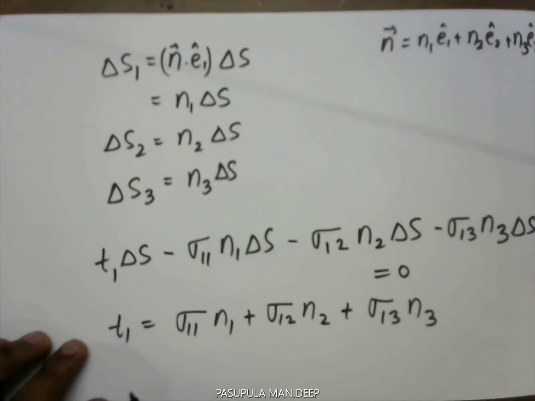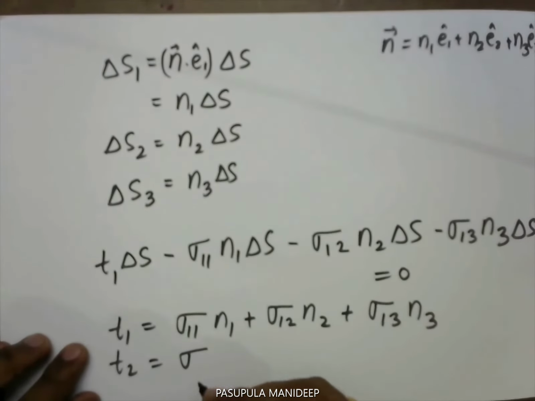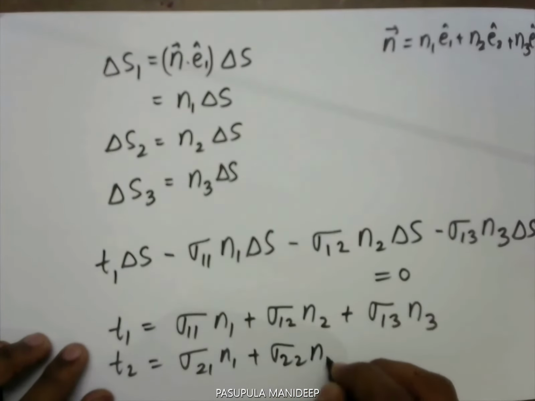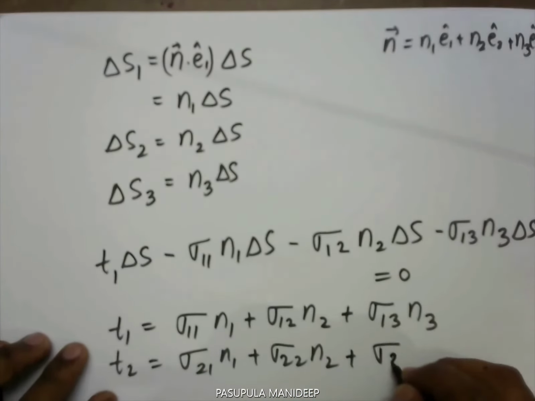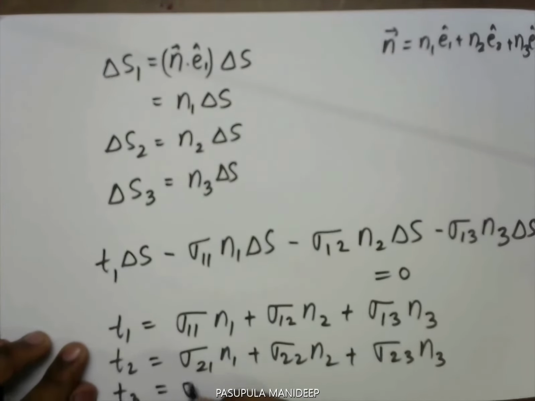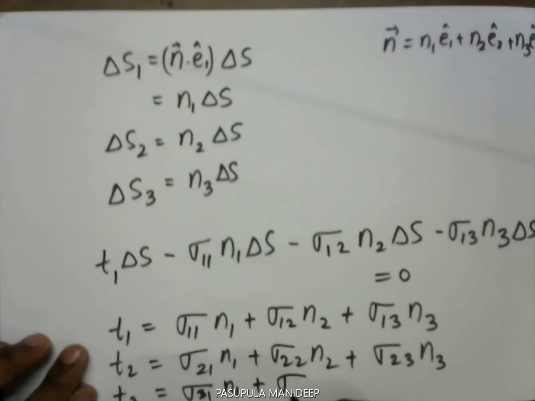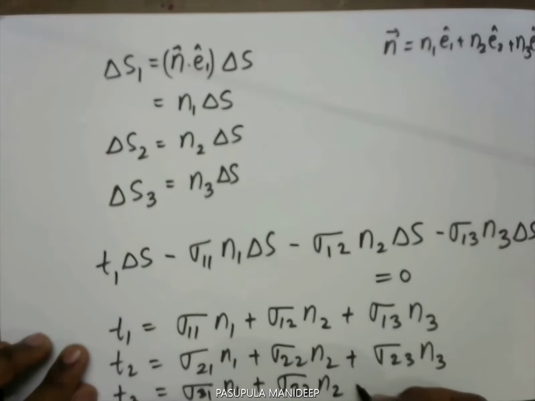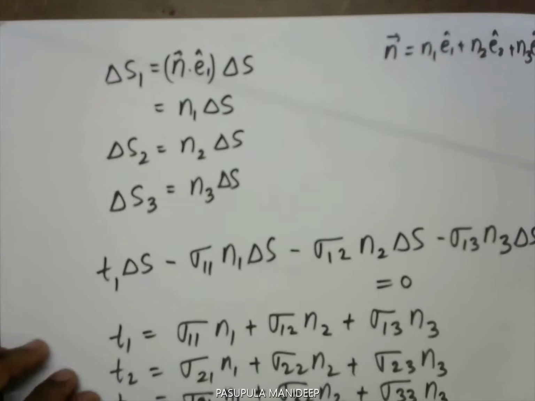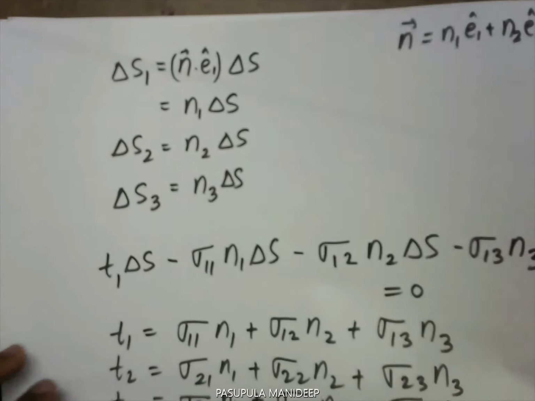In the same way, we can write T2 as sigma 21 n1 plus sigma 22 n2 plus sigma 23 n3, and T3 as sigma 31 n1 plus sigma 32 n2 plus sigma 33 n3.